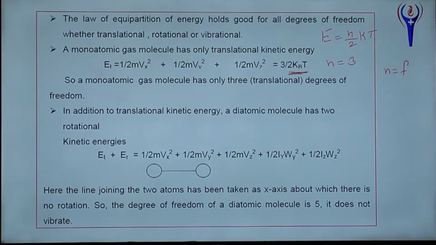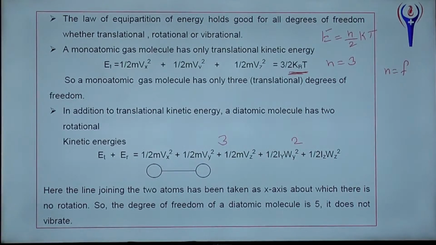So monoatomic gas has only 3 degrees of freedom, and in addition to translational kinetic energy, a diatomic molecule has 2 rotational kinetic energy, 2 rotational motion. So E translation plus E rotation. E translation is along x-axis, y-axis, z-axis, this 3, and rotational motion along y-axis, z-axis, this 2. So 3 plus 2, how much? 5.